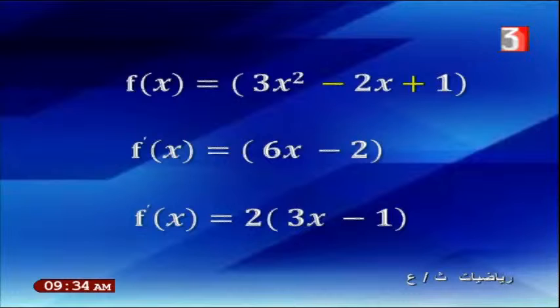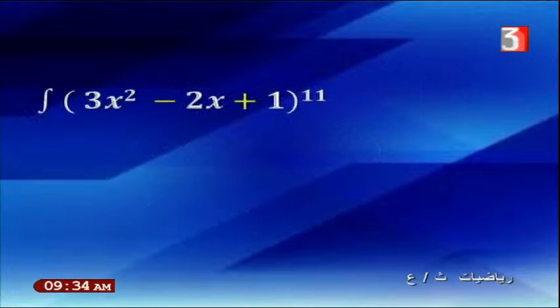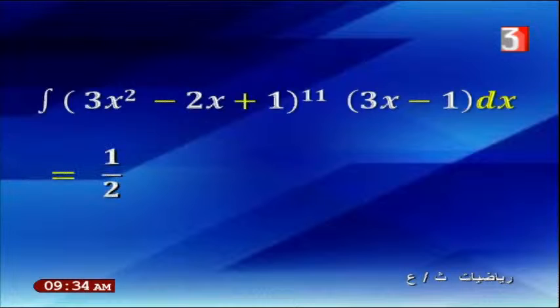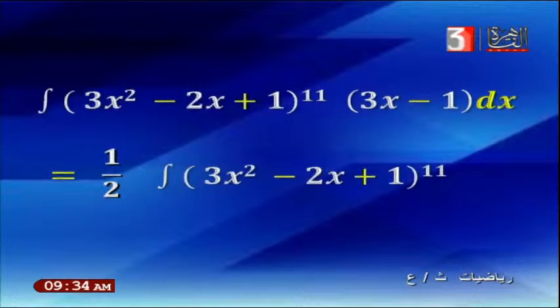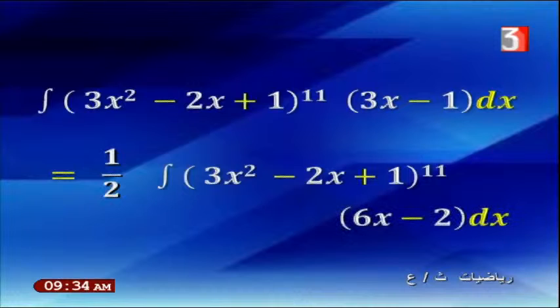Then the integration of (3x^2 minus 2x plus 1) to the power 11 times (3x minus 1) dx. We can write this function as half the integration of (3x^2 minus 2x plus 1) to the power 11 multiplied by (6x minus 2) dx.